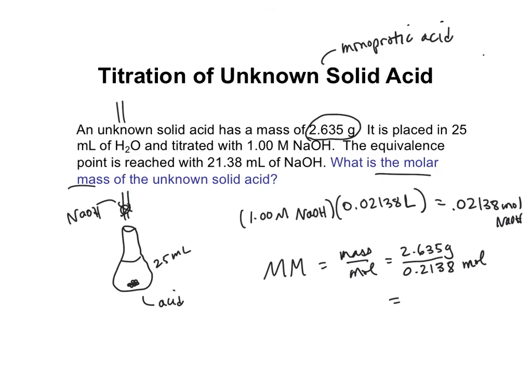Let me try it again. 2.635 divided by 0.2138. 12. It's impossible for it to be 12. Oh, I see. Yeah, so 0.0, that one's wrong right there. So that'll make it 123 grams per mole.